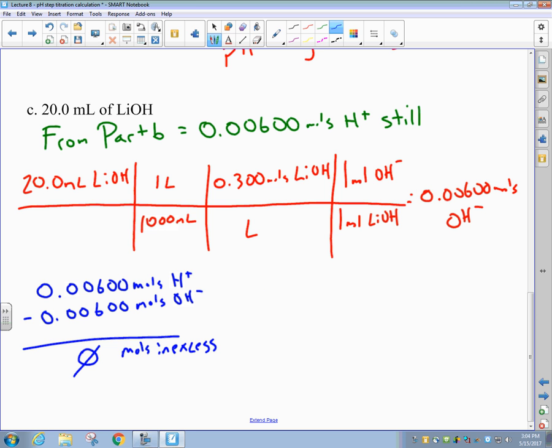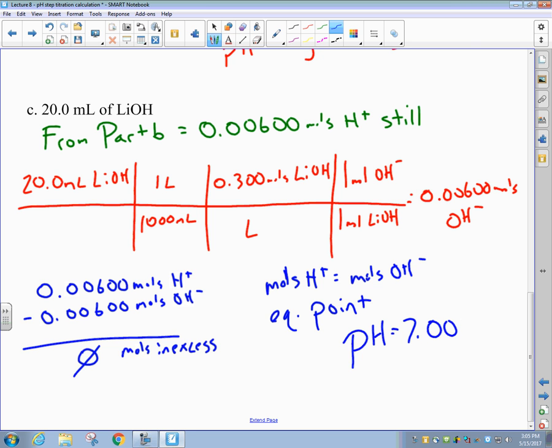In other words, the moles of hydrogen ion equal the moles of hydroxide. We have achieved our equivalence point. When you have a strong acid and a strong base, the equivalence point is at a pH of 7.